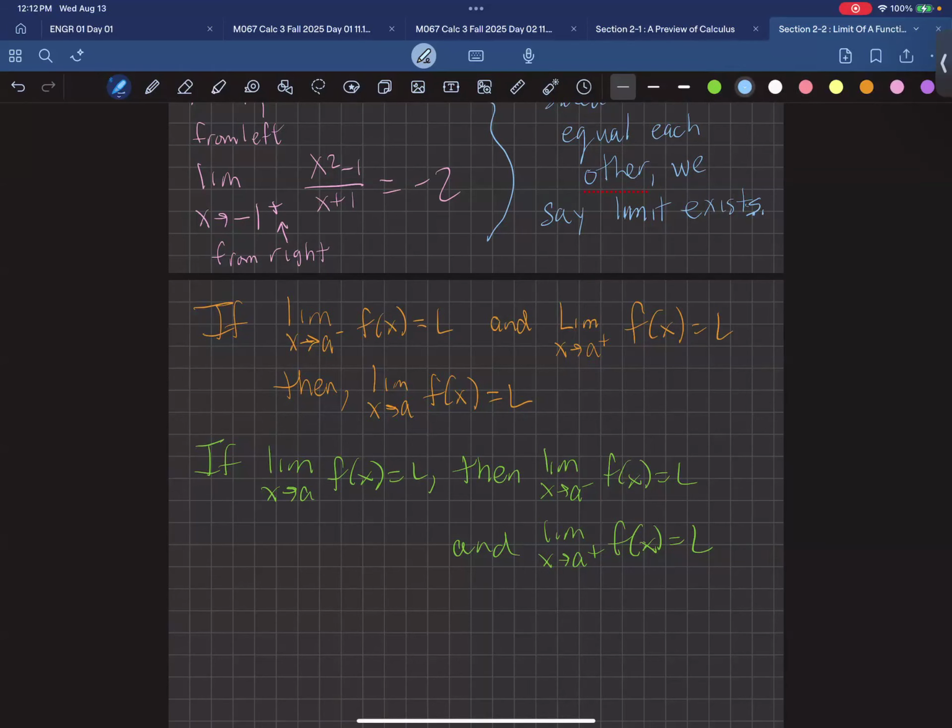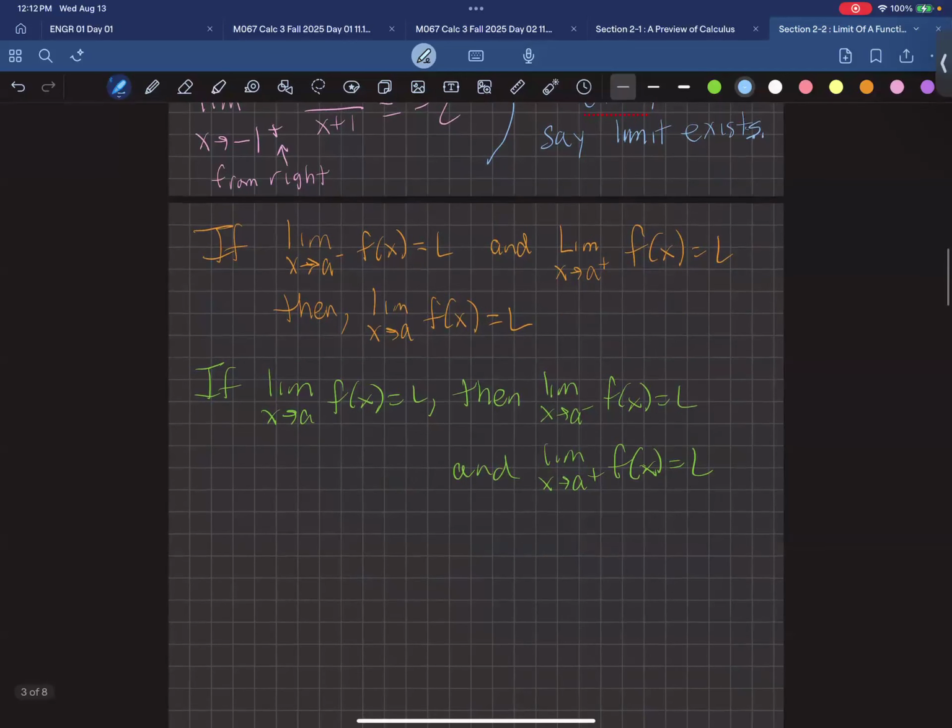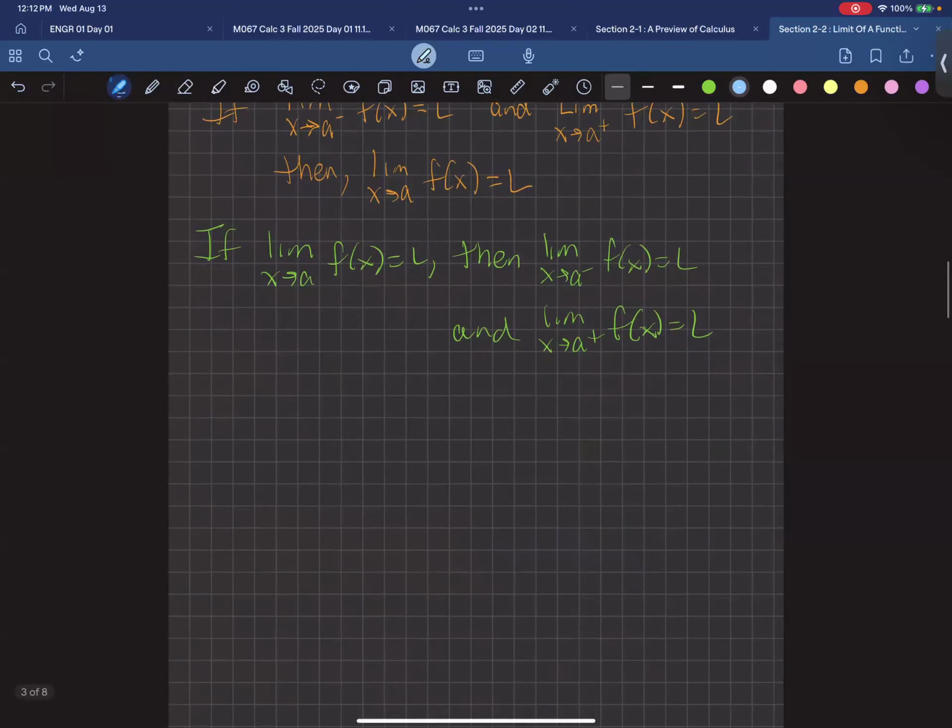We have a way in math to condense this. This is like saying if A is true, then B. Let's use capital A and B here. And then if B is true, then A. That's kind of like what I did here.